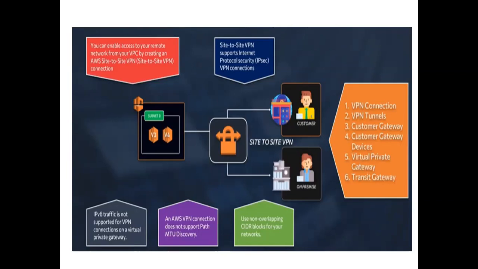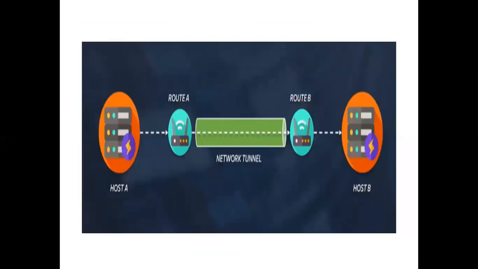Now you might say, sir, I don't want to use a virtual private gateway, do we have any other option? You can go with transit gateways, which you learned. In general, let us take two servers in two different locations. Basically you are creating a network tunnel and you have two routers. You can provide router one the information about router two, and router two the information about router one.